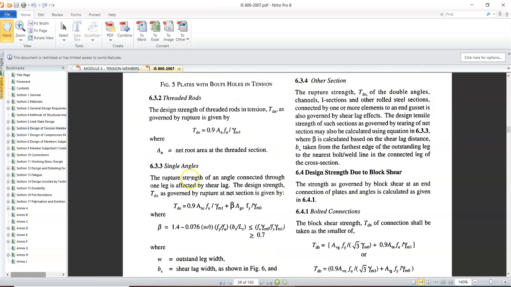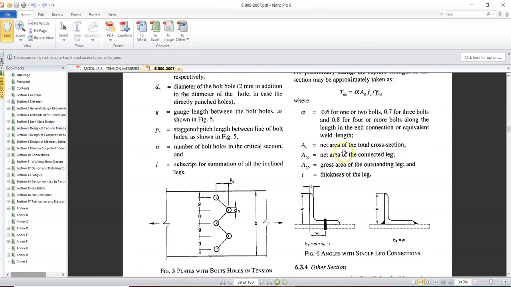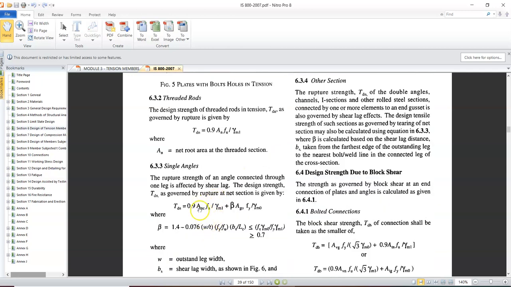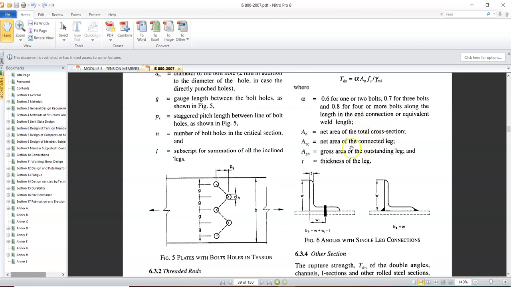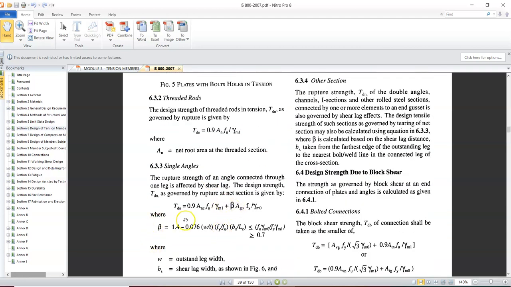which is also given in your code book. ANC refers to the net area of the connected leg, and Ag0 refers to the gross area of the outstanding leg, and this beta is again a constant value which is calculated using a formula.